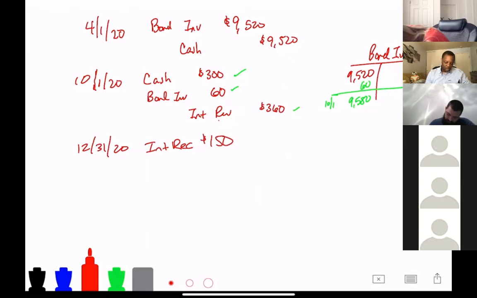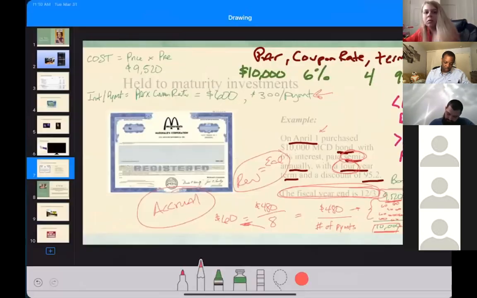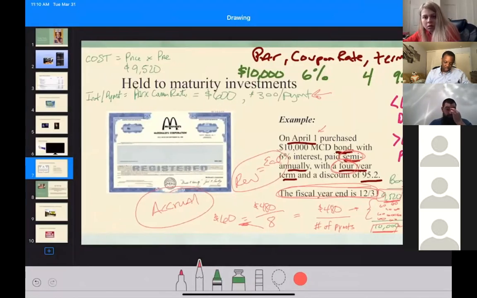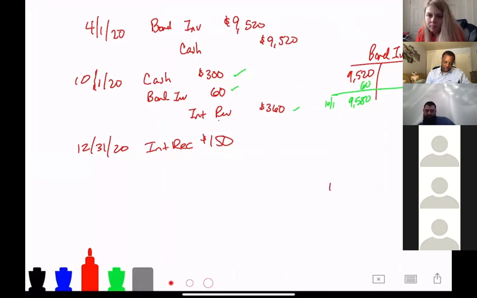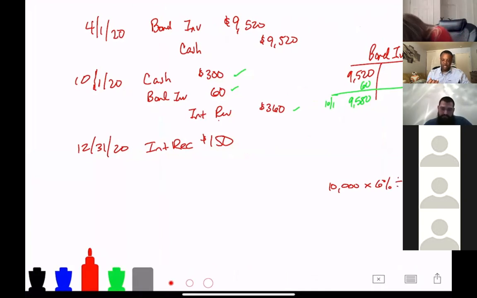That $150 is, let's go back here, the par times the coupon rate, right? 10,000 times 6% divided by 12, right? This is for the year. So divide it by 12 and then multiply it by how many months they owe us for. All of October, all of November, all of December. 3 months.